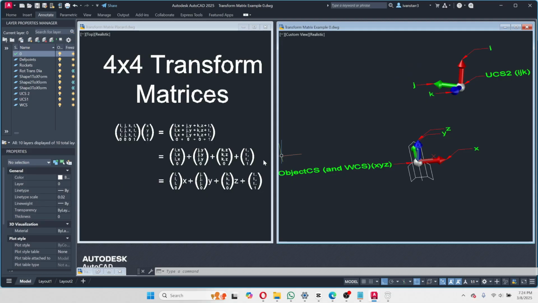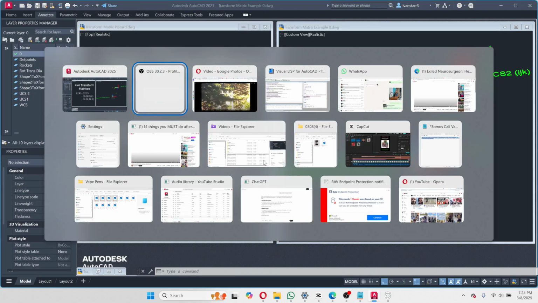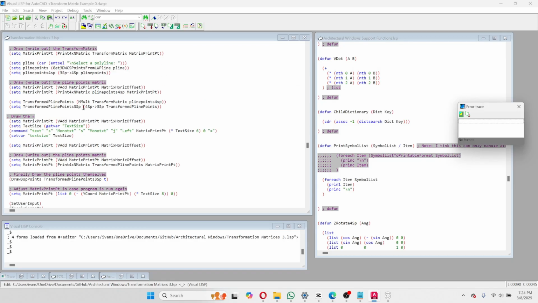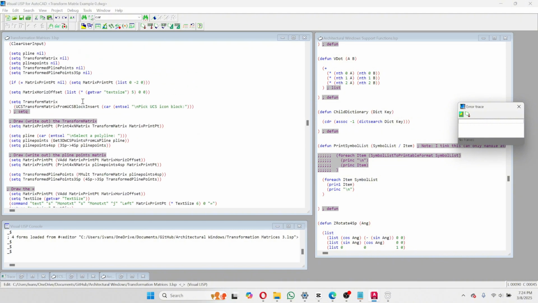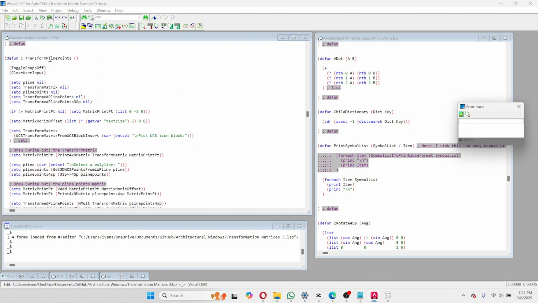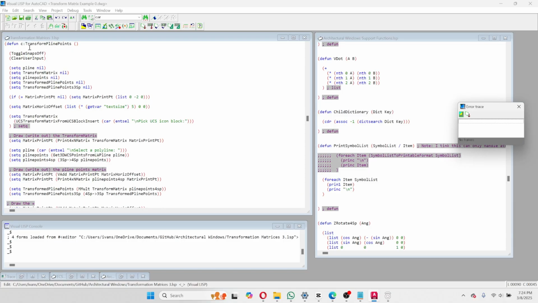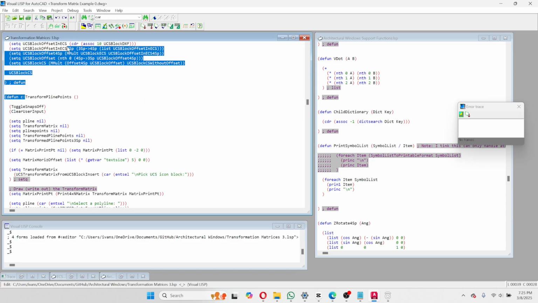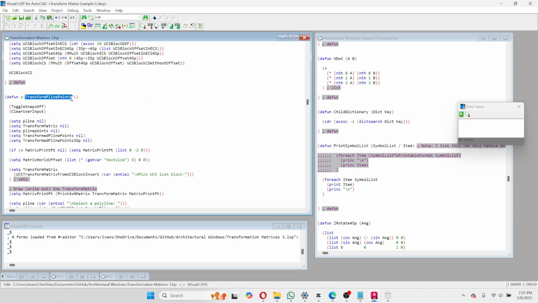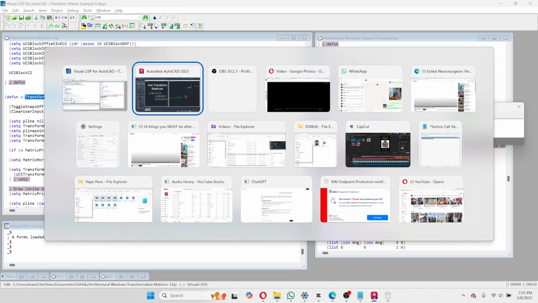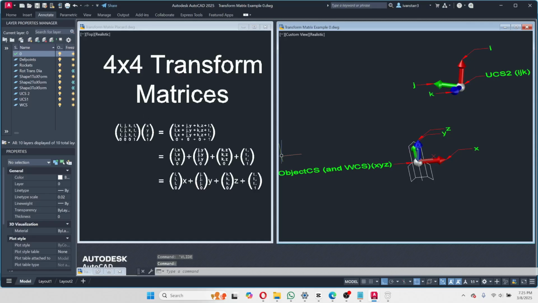And I've got it loaded up right now. Where'd it go? There it is. It's called Transform Polyline Points. So I'm going to run this, and I'm going to show you how it works, and then I'm going to show you exactly how it works internally using 4x4 transform matrices.